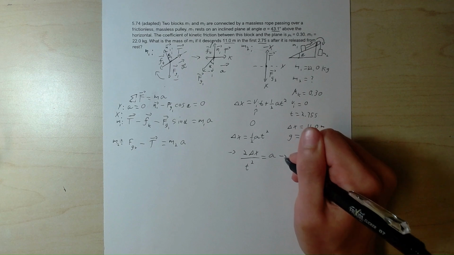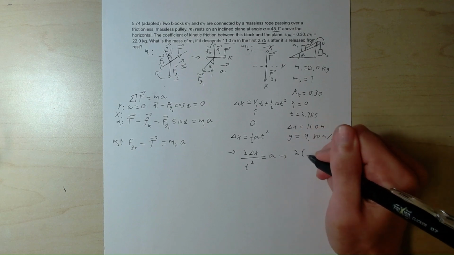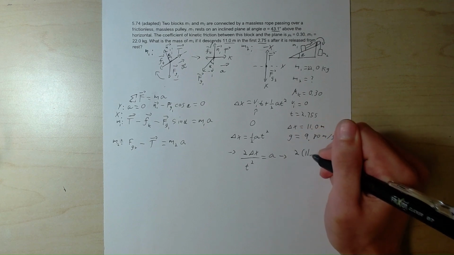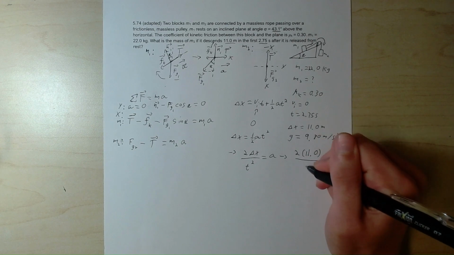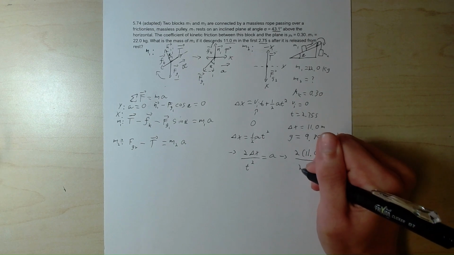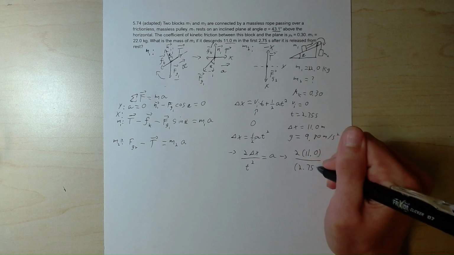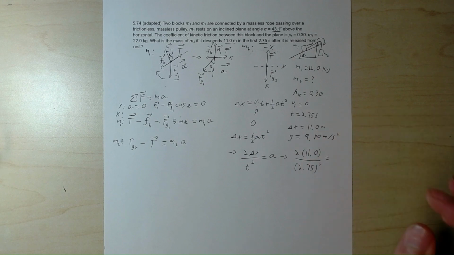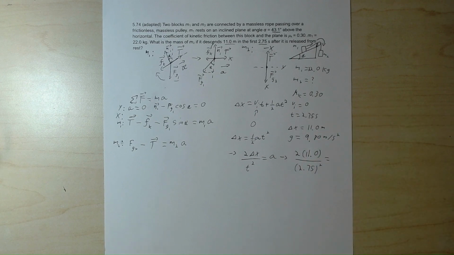Alright, now plugging in our numbers, we have 2 times 11.0 divided by 2.75 squared equals, let me just calculate this real quick.